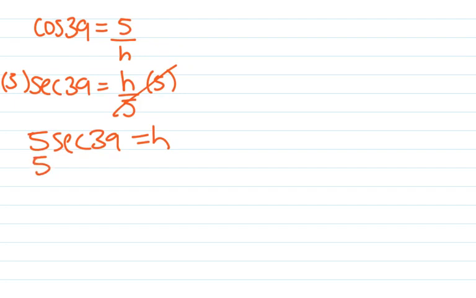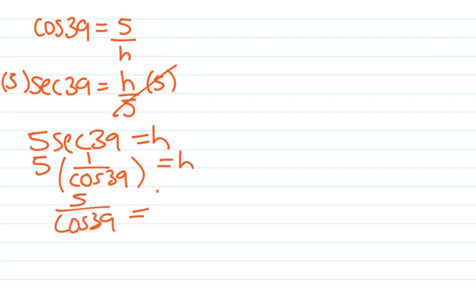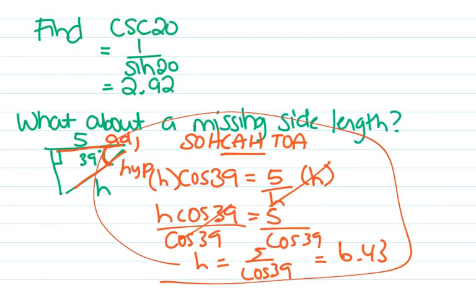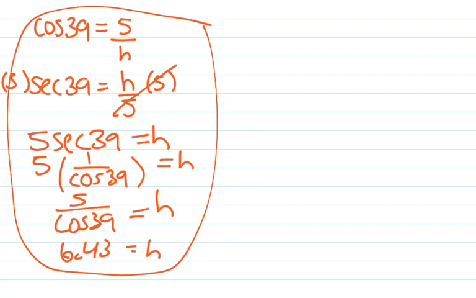Secant 39 is the same as 1 over cos 39. So now you'll do 5 over cos 39 equals h. Punch that into your calculator. It's the same thing. 6.43 equals h. We did exactly the same thing. There was just a different order of steps. Okay, so either of those are options. Sometimes the question will say use a reciprocal trig ratio, and then you would have to do it this way rather than with the primary trig ratio.